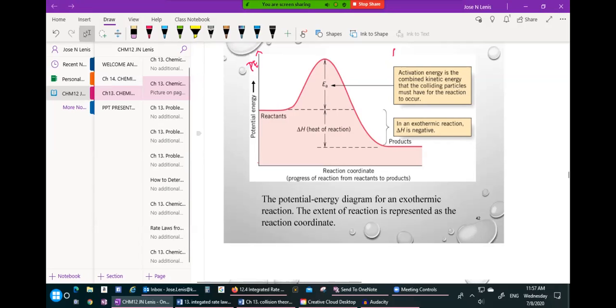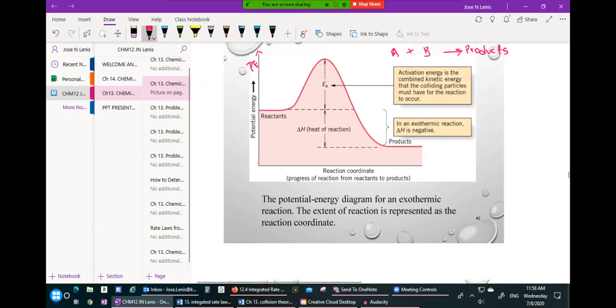So let's say we have A plus B forming products, reactives and products. And we know this reaction can either release energy or absorb energy.